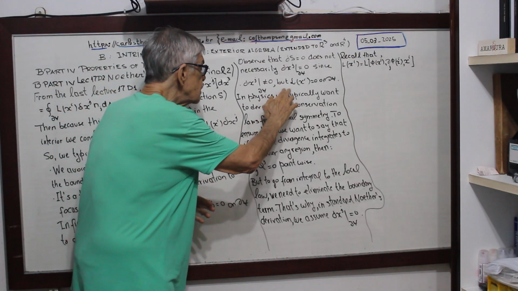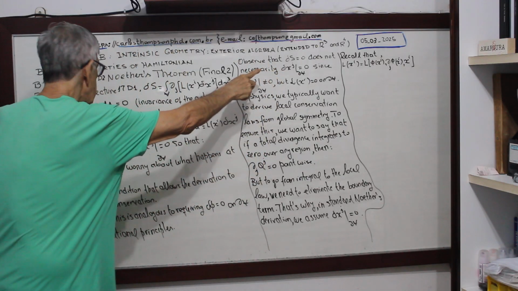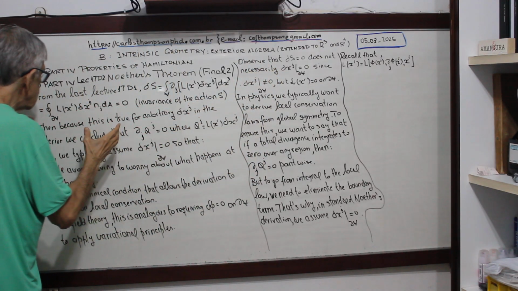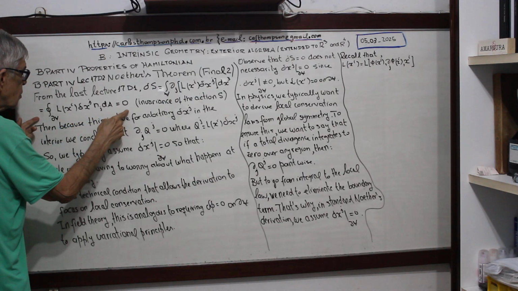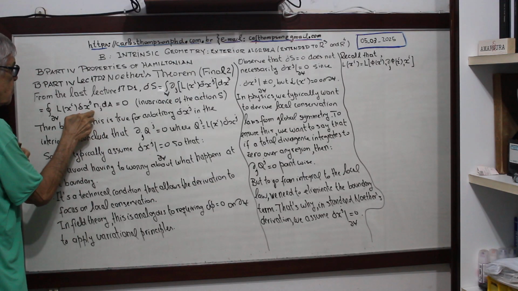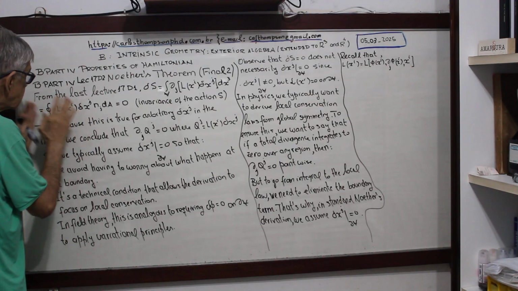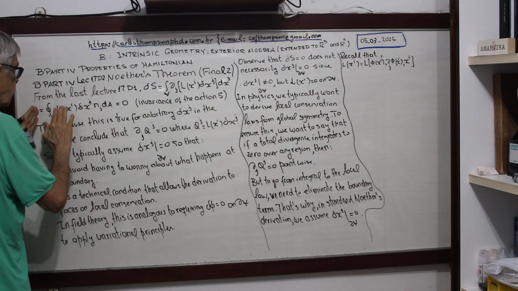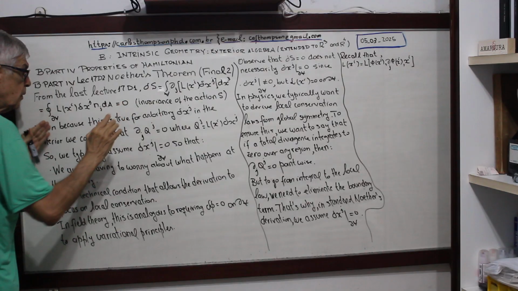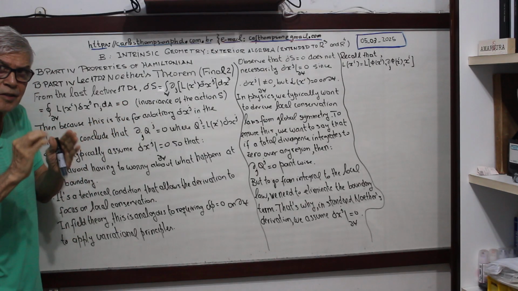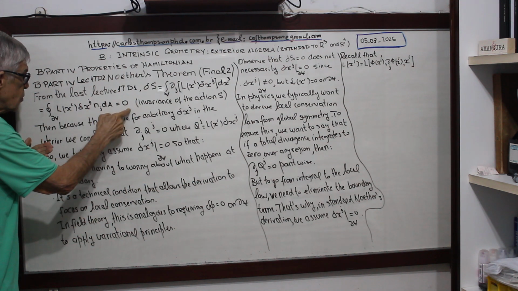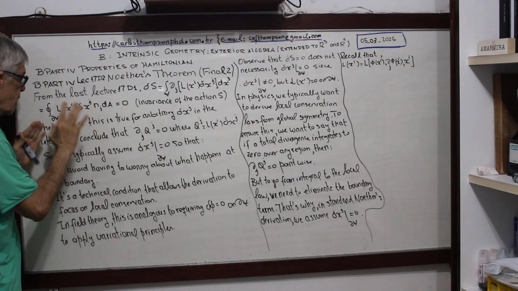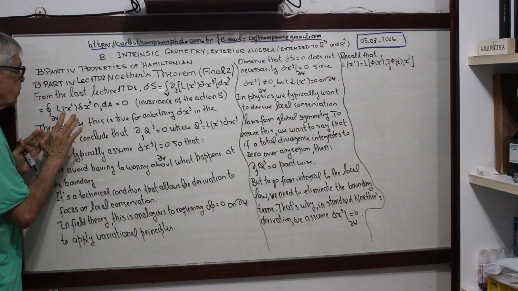We are assuming this as a boundary condition, so obviously this integral on the boundary will be 0, because this is assumed to be 0. But what I'm saying is that this being equal 0 does not imply necessarily that delta xj will be 0. That's an important issue here.